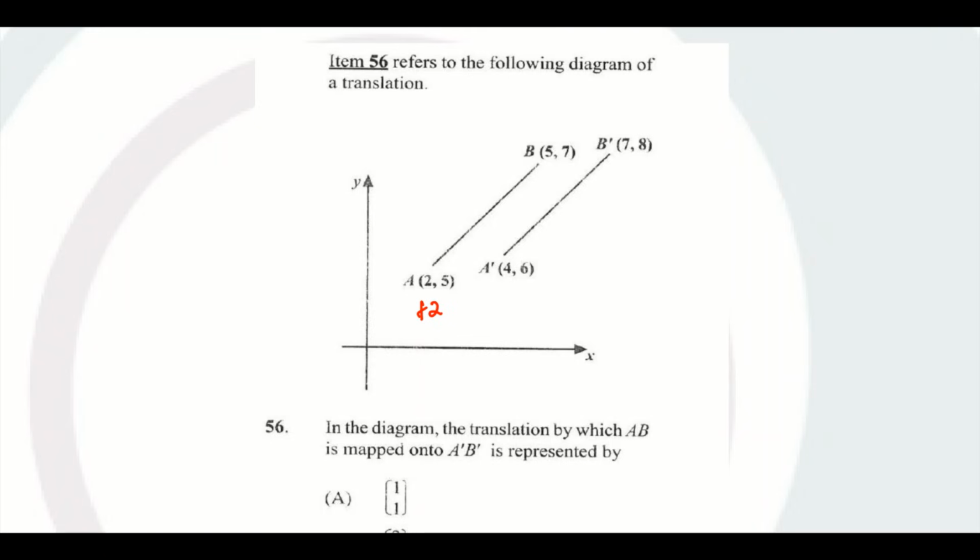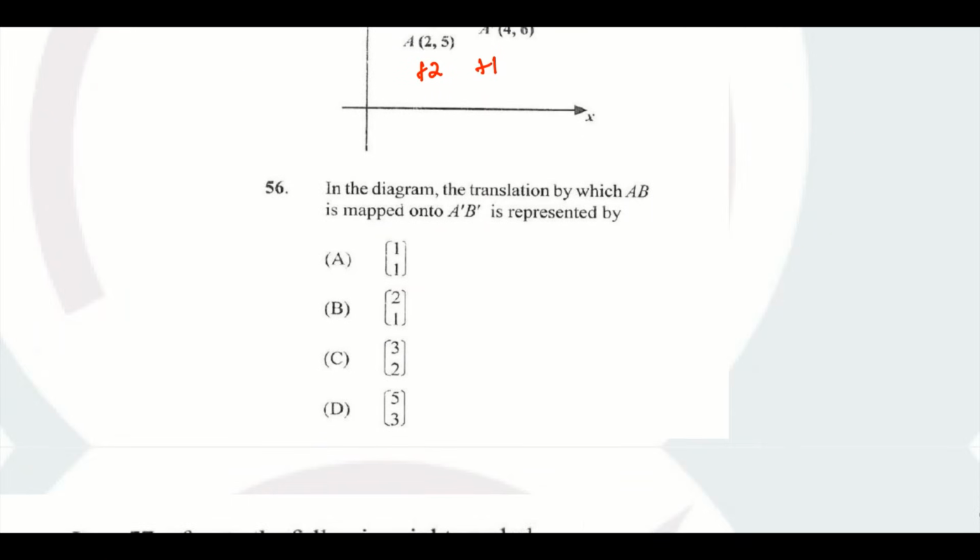Going from 5 to 6, that's a plus 1. Let's see if that is consistent with B. We went plus 2 to make 7, and plus 1 to make 8. So our translation vector is (2, 1). We look for that in our answers, and our answer here is B.